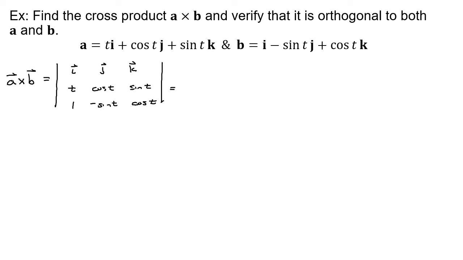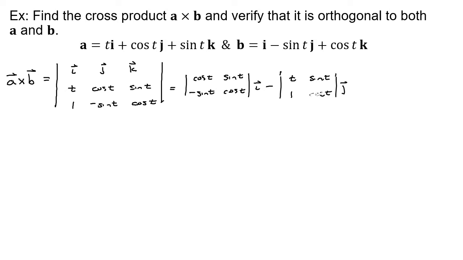So I get the lower right, I get the cosine, the sine, the negative sine, and the cosine on the i, minus, for j, I'd have the t and the 1, and the sine t and the cosine t on the j.